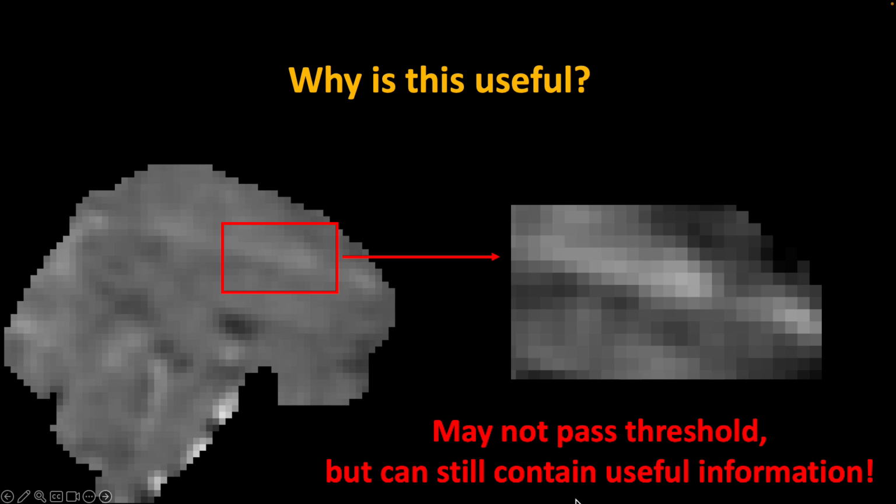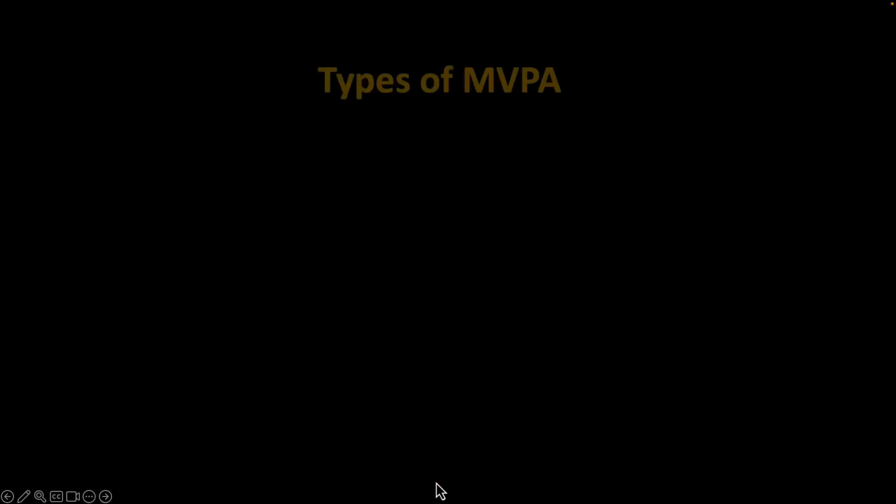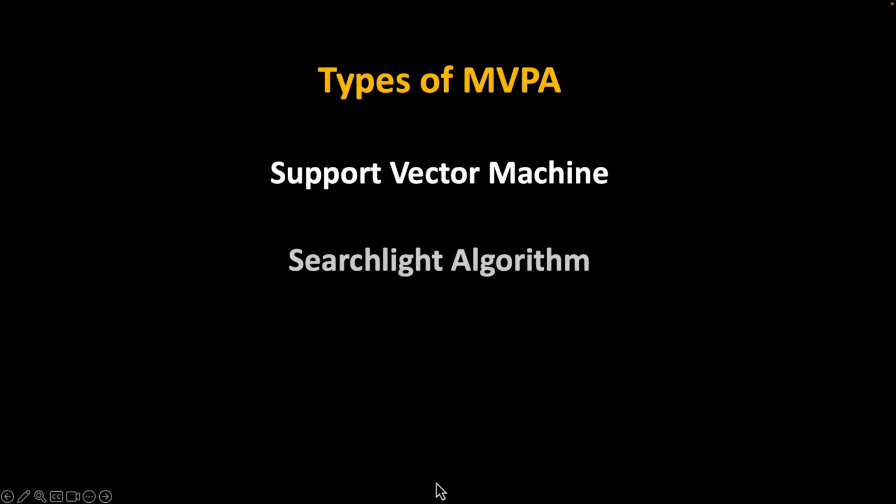You may have some kind of effect that does not pass your predefined threshold, but that's okay, because with machine learning, this overall pattern, I'm zooming in on the medial prefrontal cortex, can still contain useful information that could help distinguish between what the person was doing, condition A and condition B. So what we'll do, we'll use some support vector machines and also a searchlight algorithm if we get to that particular point to demonstrate different methods of machine learning classification.